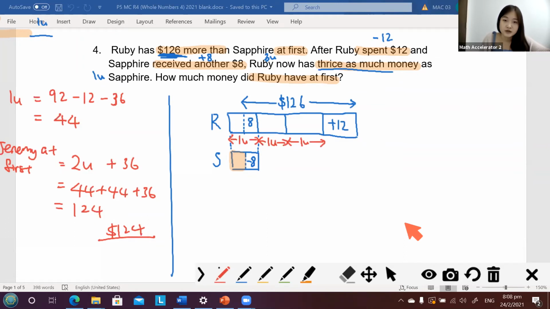So how do I make the relationship between the units and the money here? Can I find 2 units? Make use of this. You find the value of 2 units. Yes, you can. How do you find it?